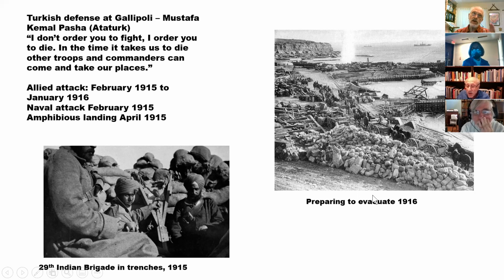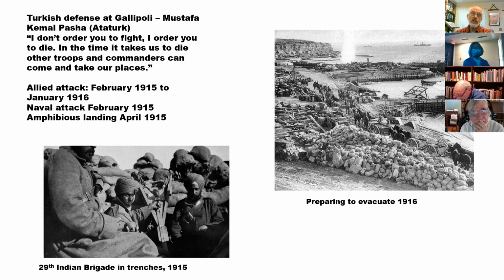Meanwhile, there's all this fighting going on in Western Europe. The British and the French and the Germans are slaughtering each other because they have such outmoded ways of fighting. Essentially, none of these generals take account of the use of the machine gun against themselves. And so you have these human wave attacks.